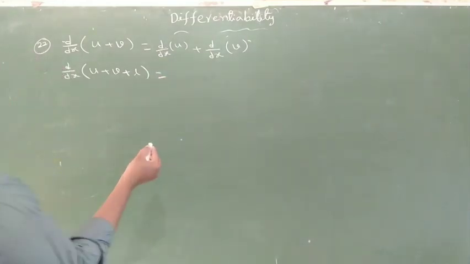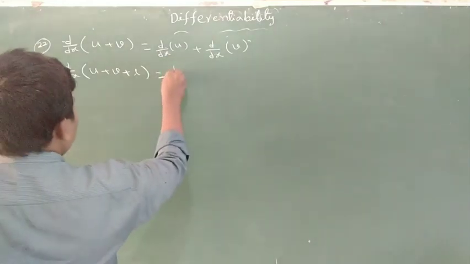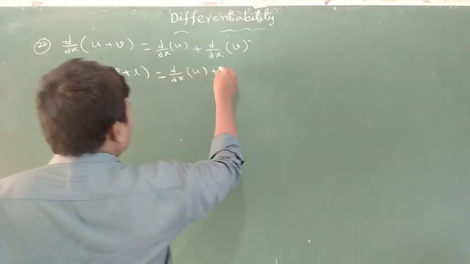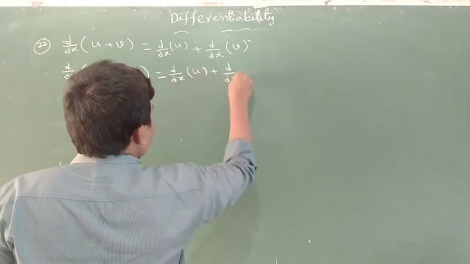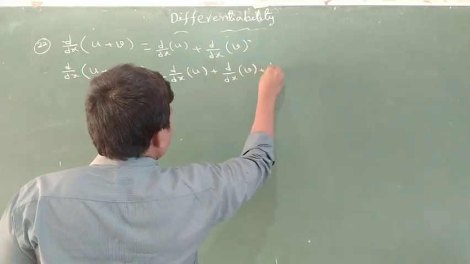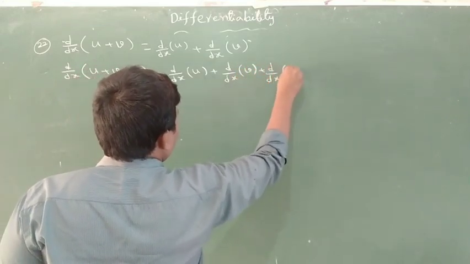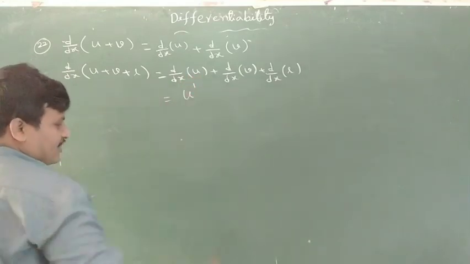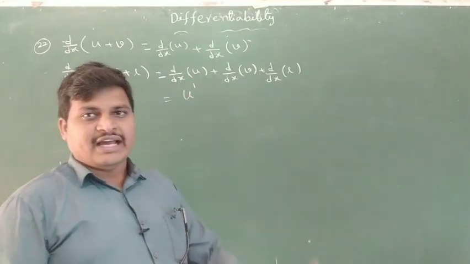So there can be many functions, not only 2 or 3. So d by dx of u plus d by dx of v plus d by dx of l. Simply, d by dx of u is u dash. Dash means derivative one time.